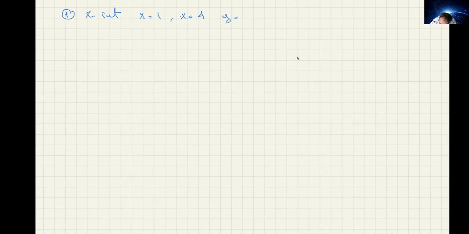Y-intercept, I have Y is 1/2. I just need the values here, so it's not the point.